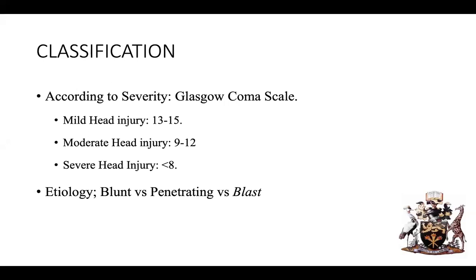The challenge with moderate is that because they're in between mild and severe, we don't have any guidelines for management of moderate head injuries. So here it relies a lot on the clinician's knowledge of both severe and mild head injury. And then severe head injury, where the patients are comatose and GCS is below 8.